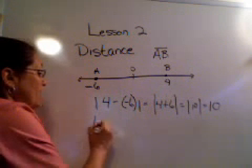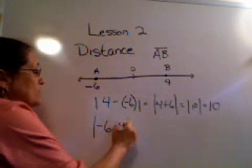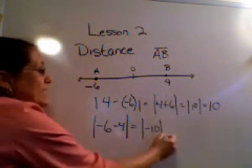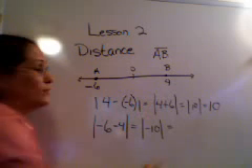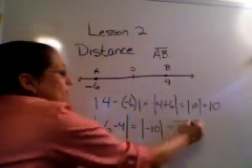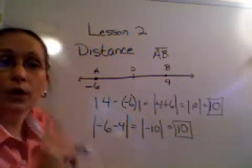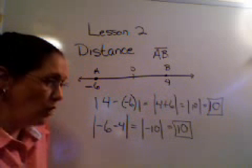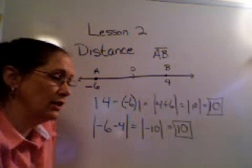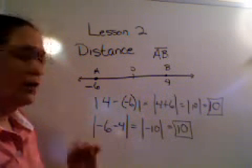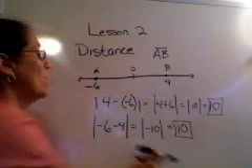The absolute value of negative 6 minus 4 is equal to the absolute value of negative 10, and the absolute value of negative 10 is positive 10, and there's my answer. Same answer that I got before. You only need to work it out one way, but either way works. That's using that distance postulate that's in your textbook. Now, we're going to use the segment addition postulate.